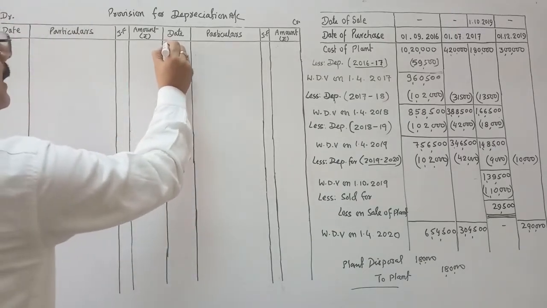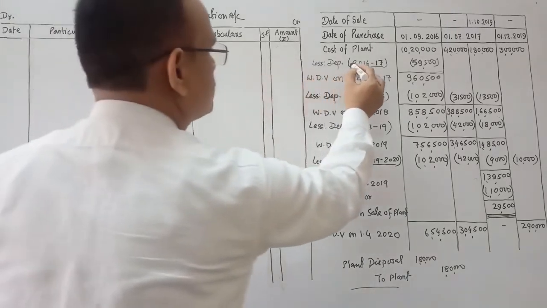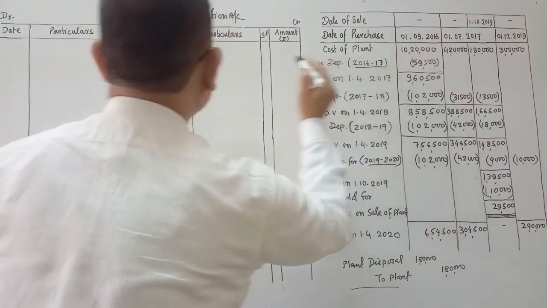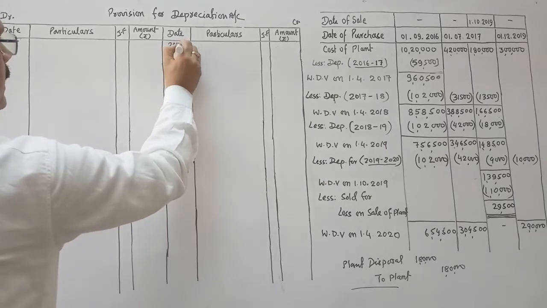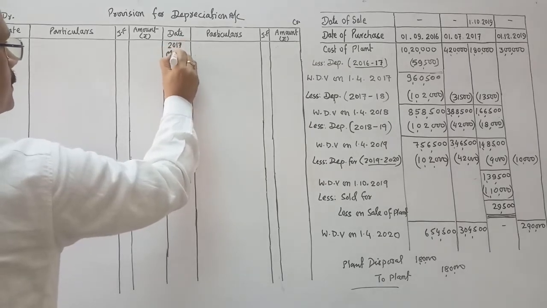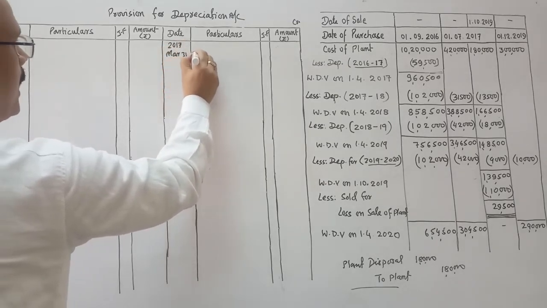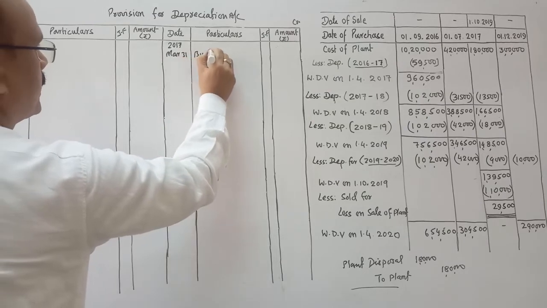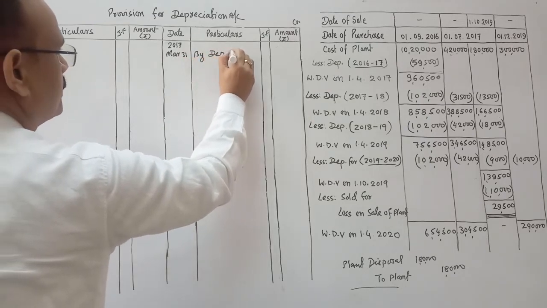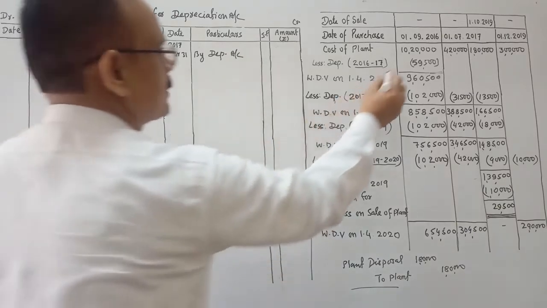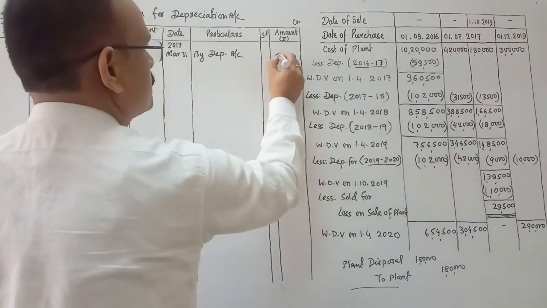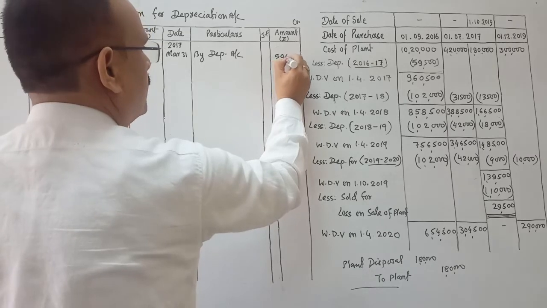This is the first accounting year, 2016-17. On 2017 March 31st, by depreciation account, because the entry is depreciation account debit to provision for depreciation, that is 59,500.